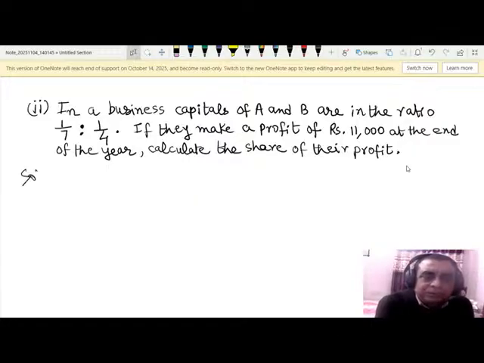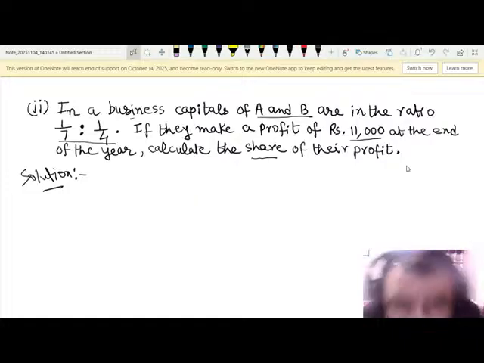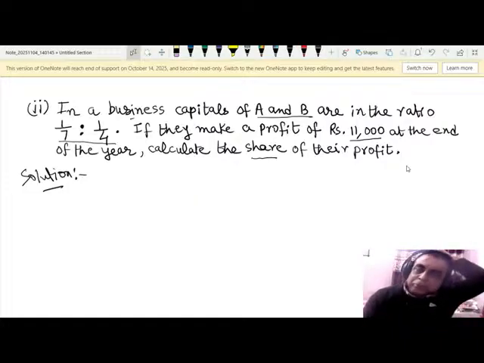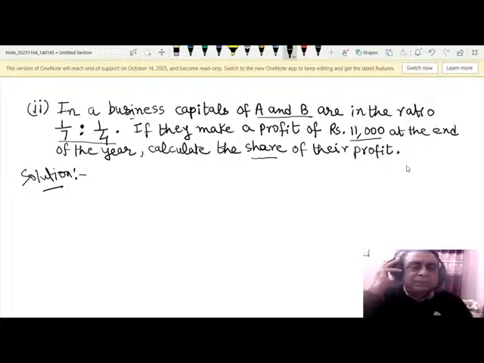Now we are doing the second part of question number 4. Here the sum is saying, in a business, the capitals of A and B are in the ratio 1 upon 7 is to 1 upon 4. If they make a profit of rupees 11,000 at the end of the year, calculate the share of their profit. Now, the profit is shared in the ratio of their capitals.